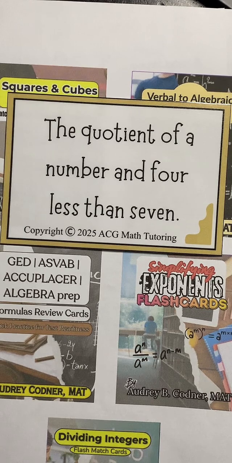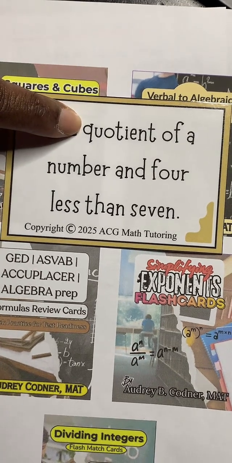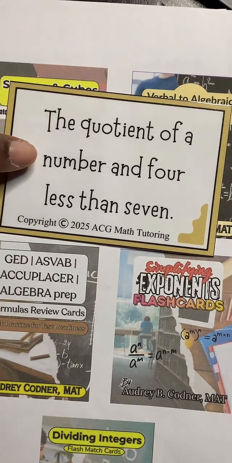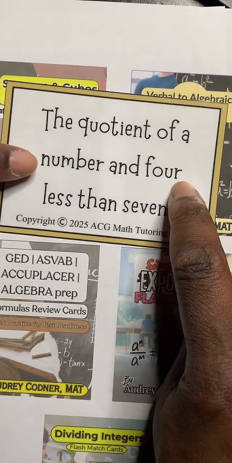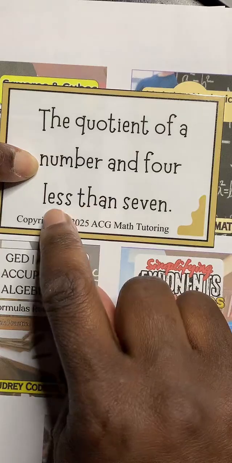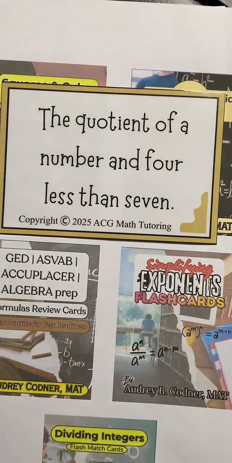All right. So, quotient, that's division. So we're looking at the quotient of, so that means it has to be dividing two things. And the two things are the number and 4. And then we have less than 7.